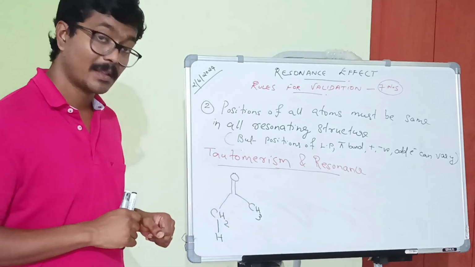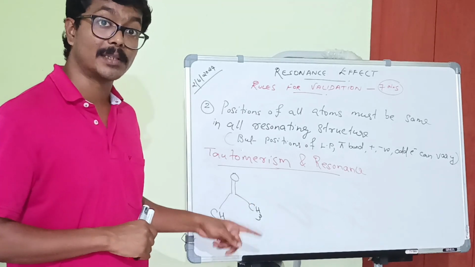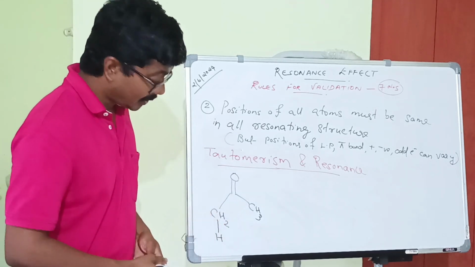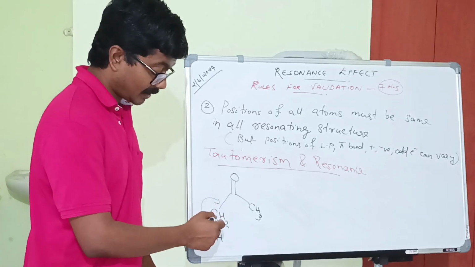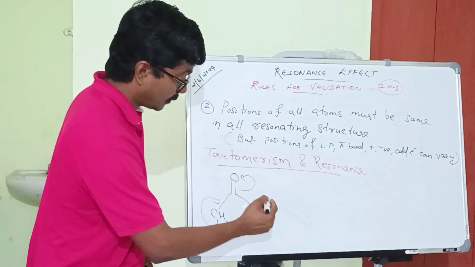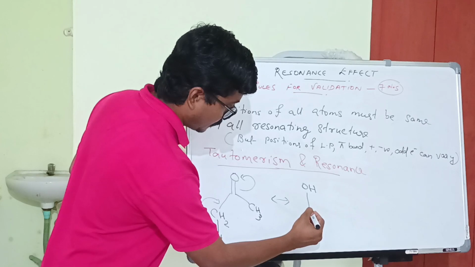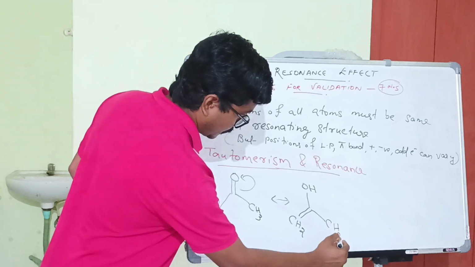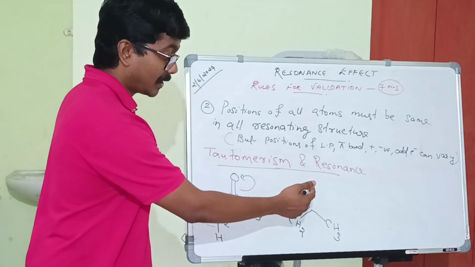Let's consider this example. This is a ketone. Whether resonance is possible in this case or not, that's a kind of question they will ask. Here, in this CH3, one of the hydrogen atoms is removed from this position and reoriented, and the ketone is reoriented into an alcohol.